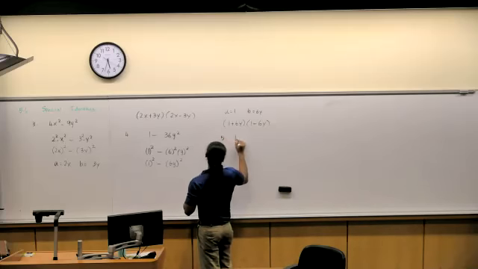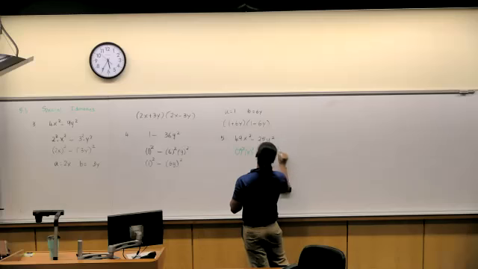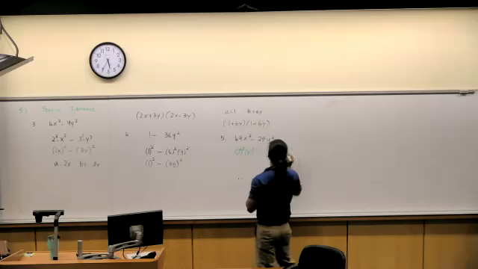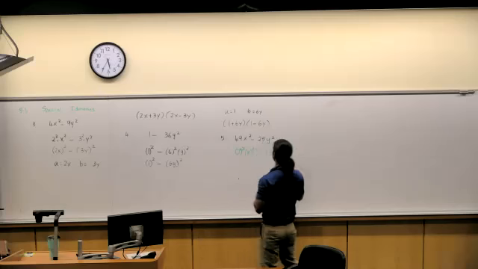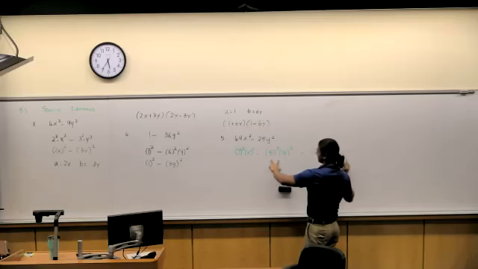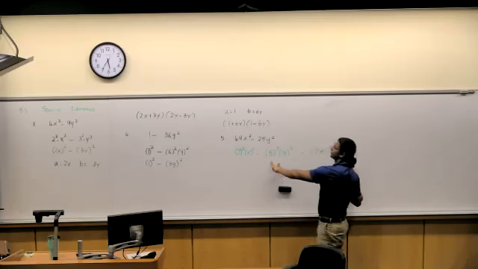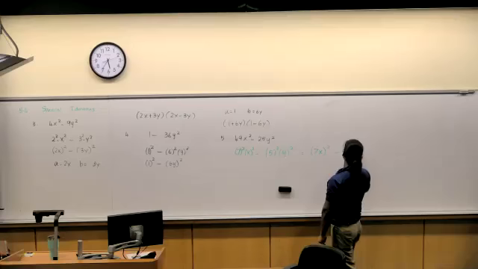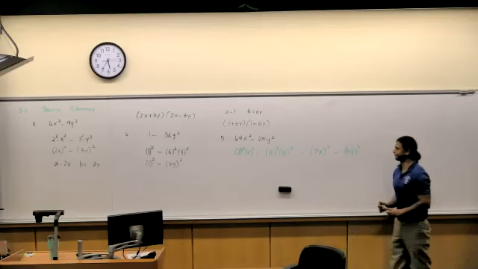Yes. 5 squared times y squared. The powers are identical, so I can combine the two together. Same over here, the powers are identical, so I can combine the two together.